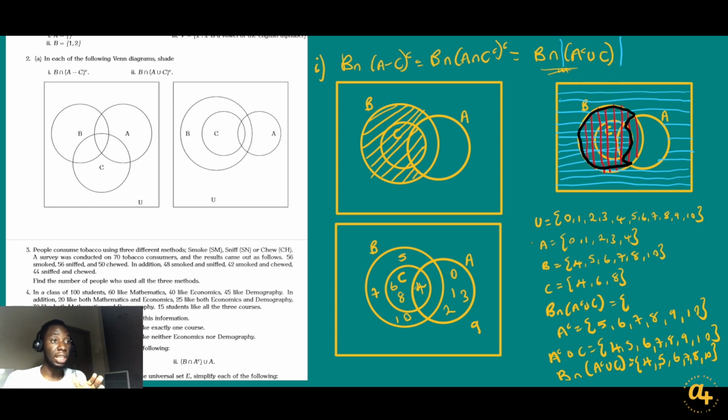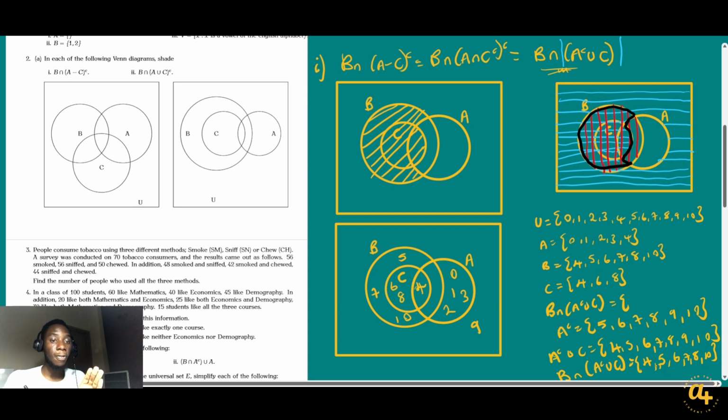Now to prove that the area that we've shaded in our main Venn diagram on top here, we are going to have to shade the area that has the elements 4, 5, 6, 7, 8, 10 in the Venn diagram that we have below here. So when we shade this area, it's going to look something like this. Alright, so we have just completed shading the area that has the elements 4, 5, 6, 7, 8, and 10.